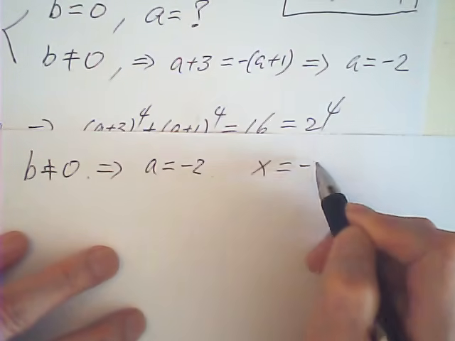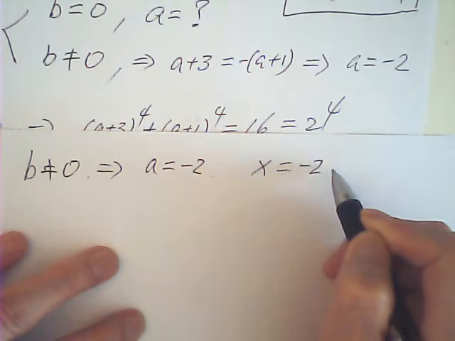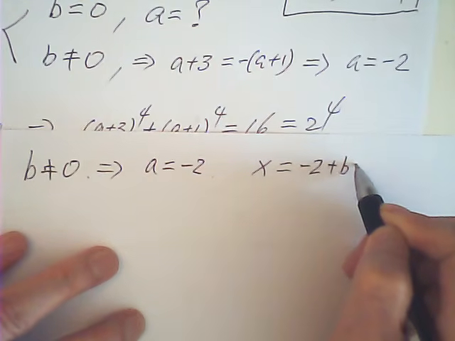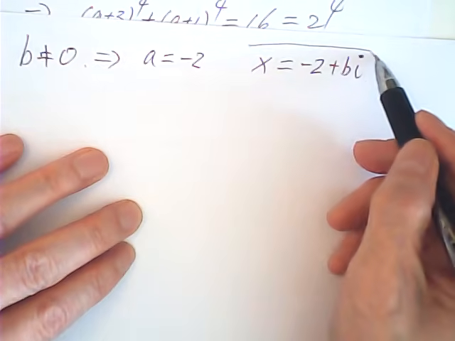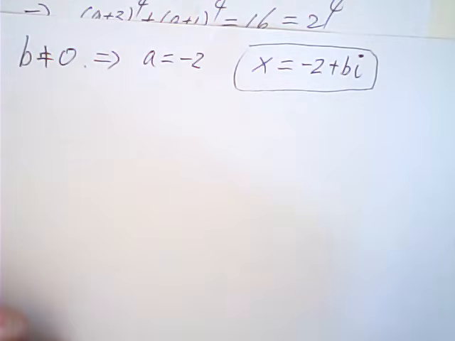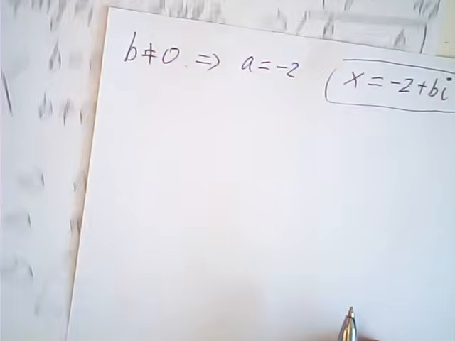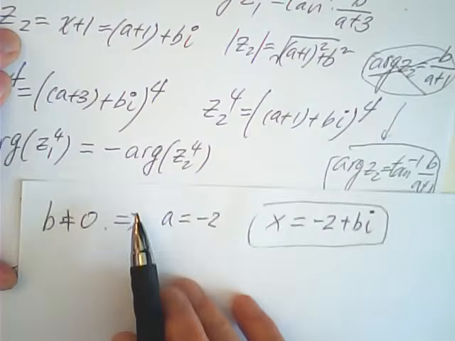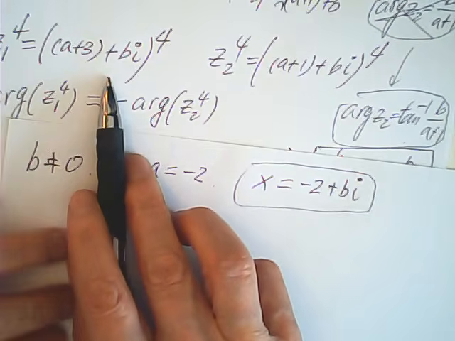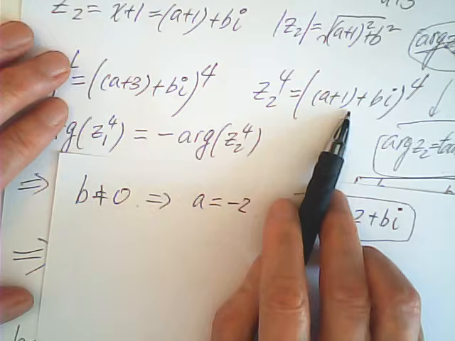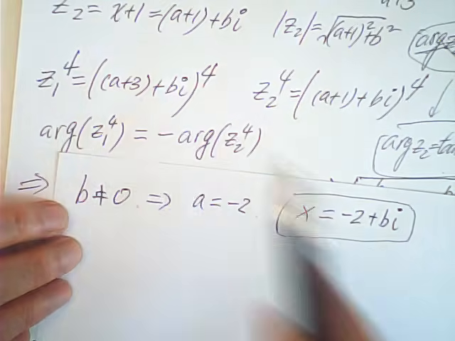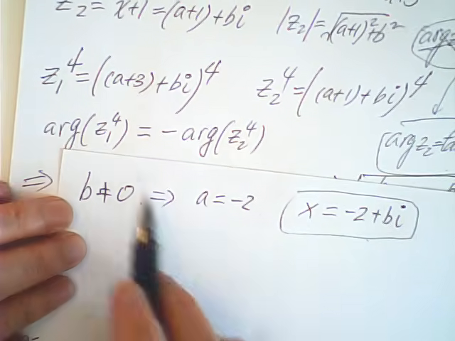So X is equal to negative 2 plus Bi. So that's the case. Then we go back to this again. This plus this is 16, in which B is not 0, A is negative 2.